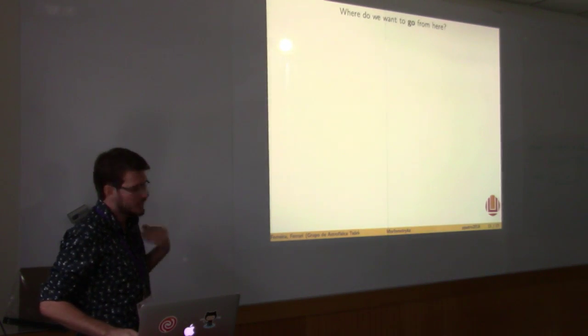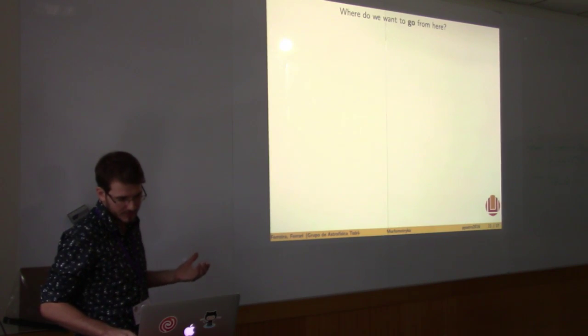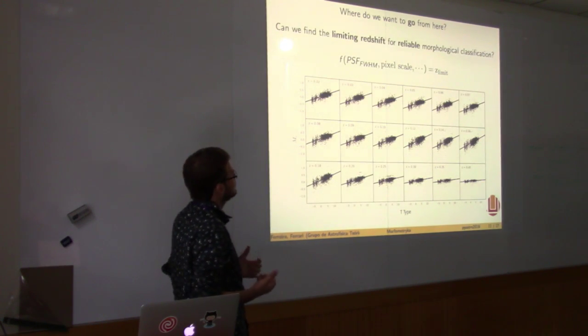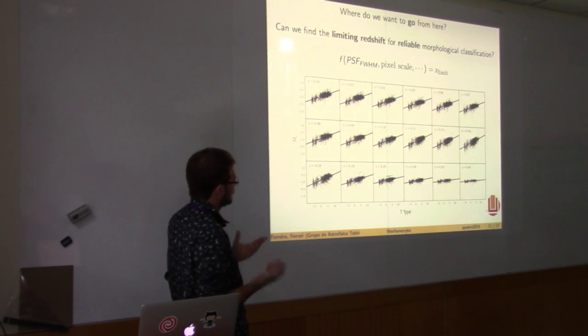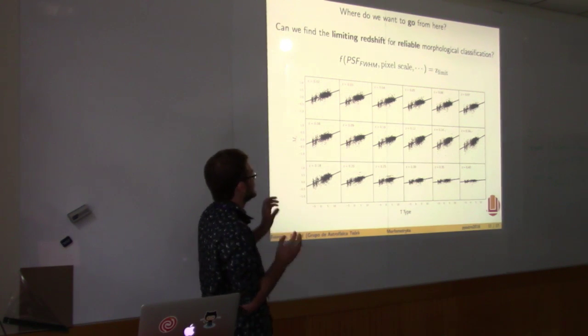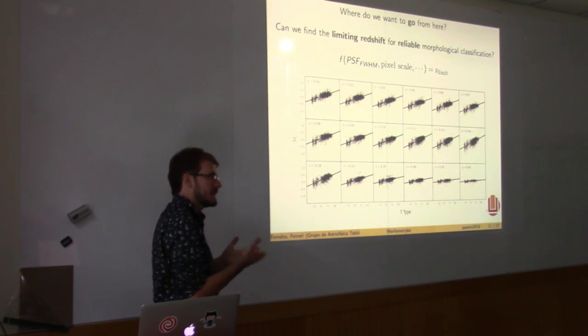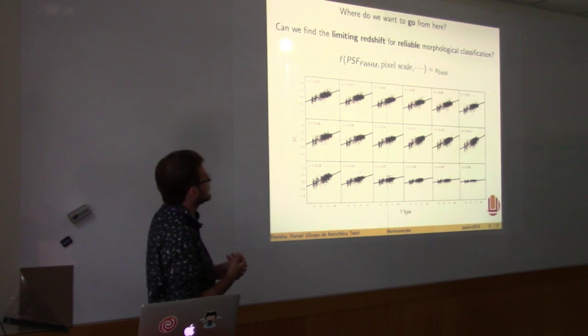And where do we want to go with this? So we want to find the limiting redshift for reliable morphological classification. We want to give astronomers an idea of what the limiting redshift is to do morphological classification.